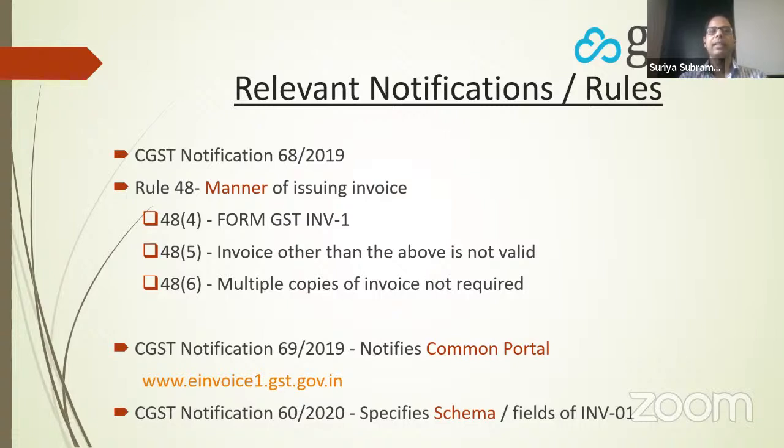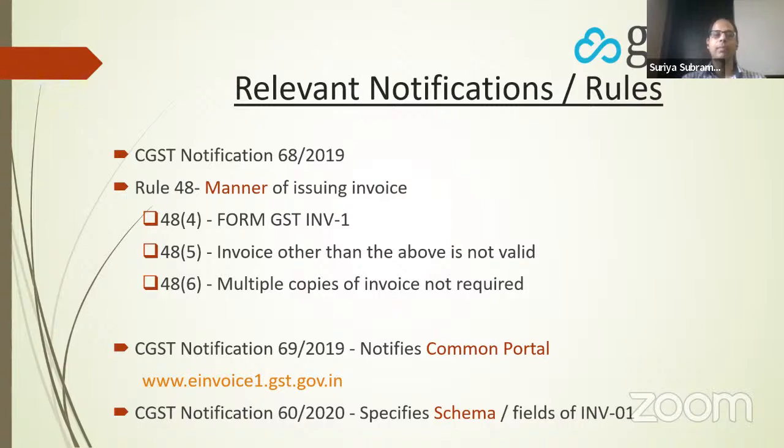It specifies that the invoice has to be prepared in the format prescribed by the government, and the invoice has to be registered with the government's portal, and you need an invoice reference number against that invoice. Only if you have all of this, this is the procedure to generate an e-invoice. That's what sub-rule 4 says.